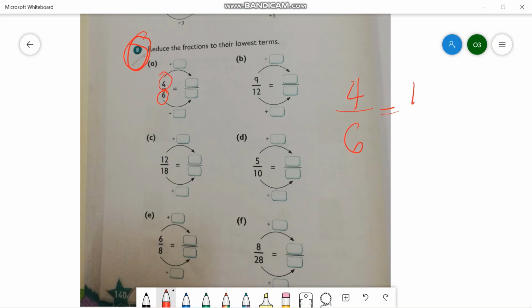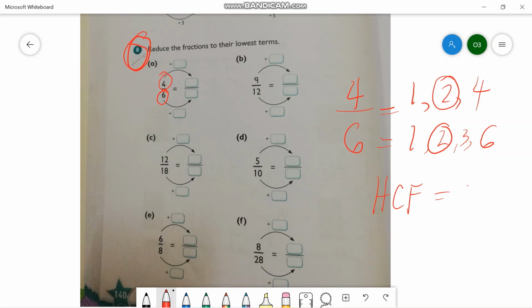We have 1 times 4 and 2 times 2, so 1, 2, and 4. What are the factors of 6? We have 1 times 6 and we have 2 times 3. So what are the common factors here? 2. So our HCF in number 1 is 2.